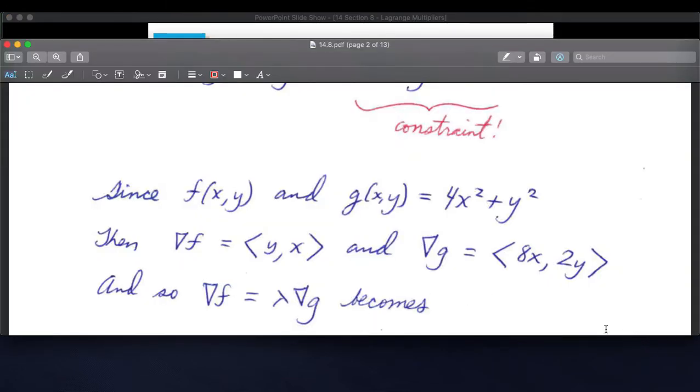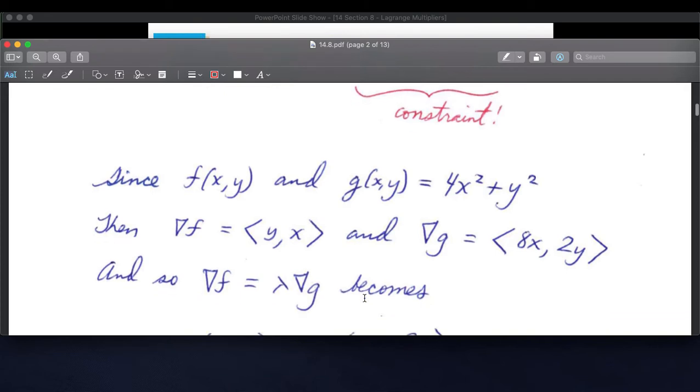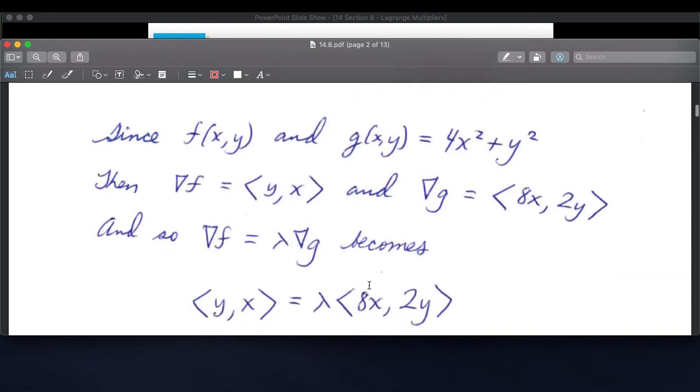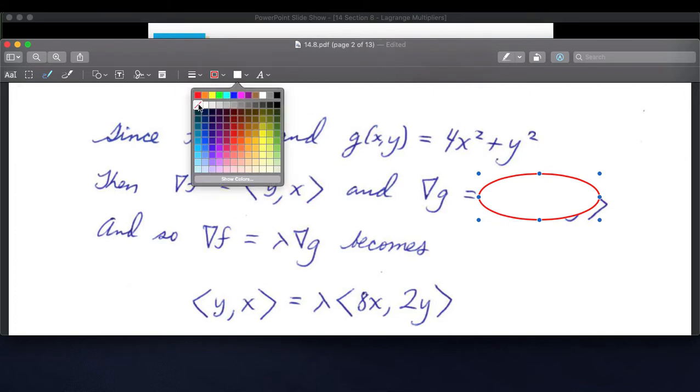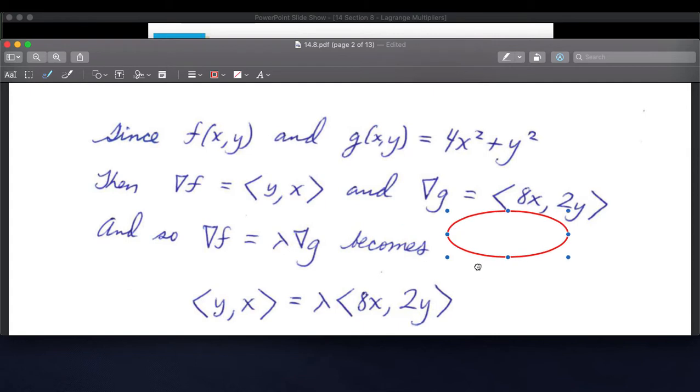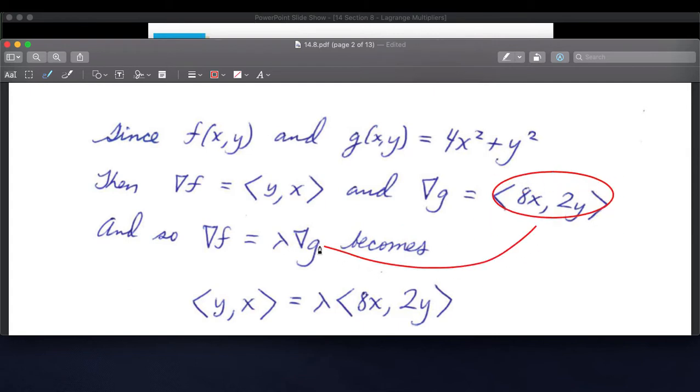And basically, all you're doing is replacing gradient of f with y, x, and the gradient of g with 8x, 2y over here, and that becomes this. It's just a simple matter of substituting out gradient of f with y, x and the gradient of g with 8x, 2y. So this here is being plugged in over here.